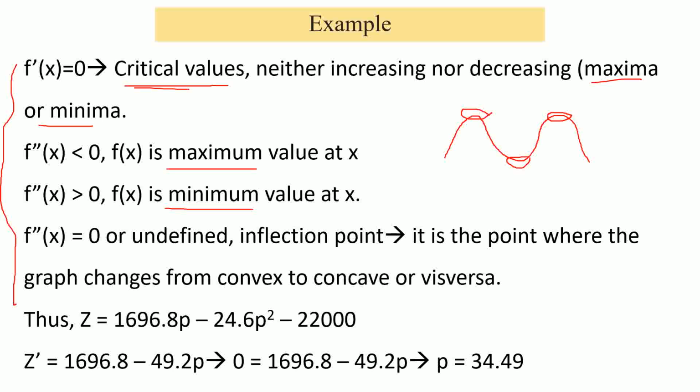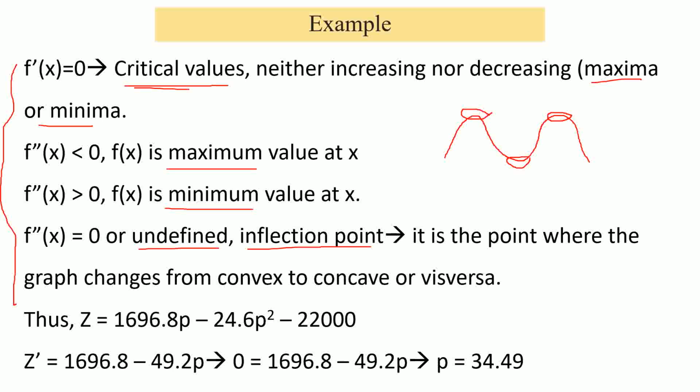If the second derivative equals 0 or is undefined, that means maybe some number divided by 0, that point will be an inflection point. It is the point where the graph changes from convex to concave, or vice versa.